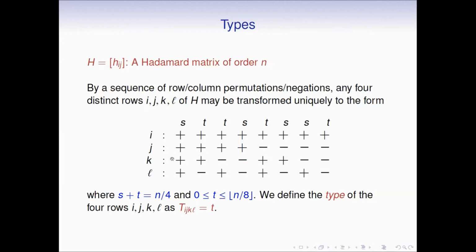Any 4 rows can be transformed into this form, and here S plus T is n over 4, and T is between 0 and n over 8. And we define the type of these 4 rows I, J, K, L as T. So the type is a number between 0 and n over 8.